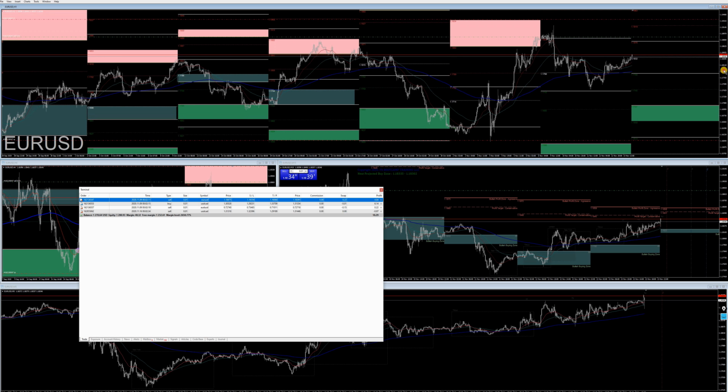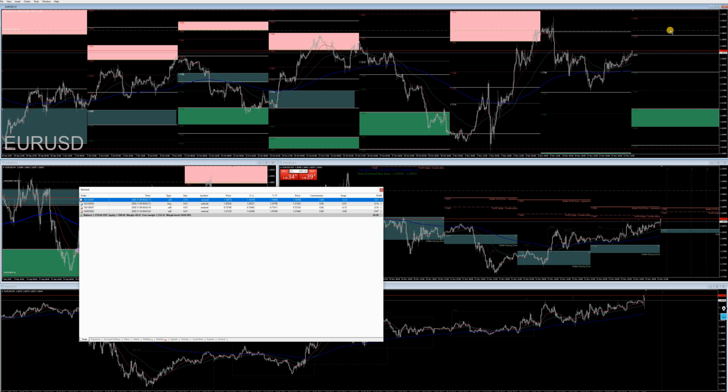Okay. 6547 should be this one right here. We entered last week right in here. So let's go ahead and drag our take profit. There we go.